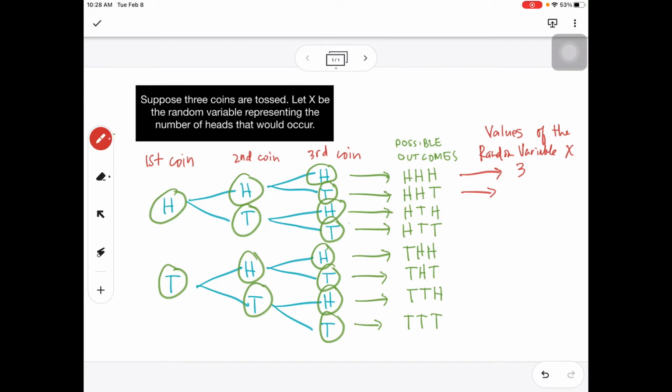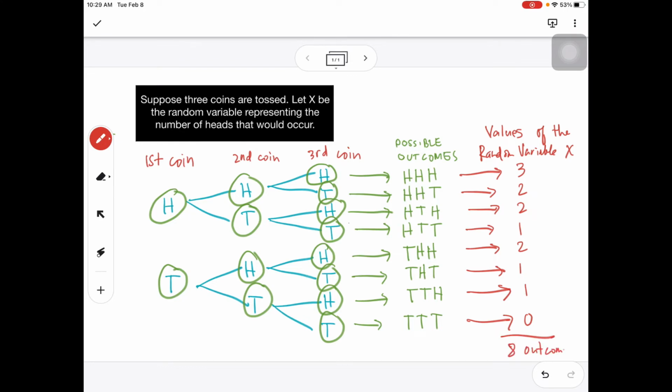Next, second outcome is 2. Third outcome is 2. Fourth outcome is 1. Fifth outcome is 2. Sixth outcome is 1. Seventh outcome is 1. And the 8th outcome is 0. So the total of the possible outcomes for this probability experiment is 8.